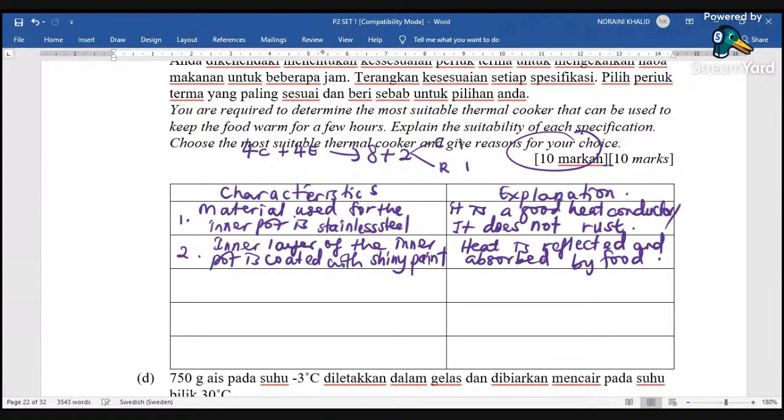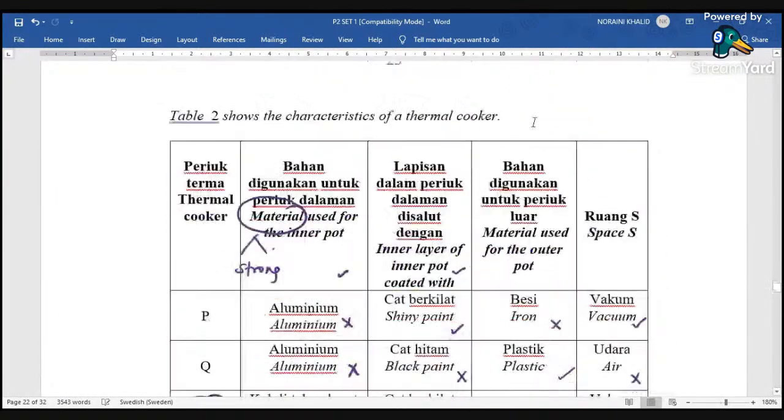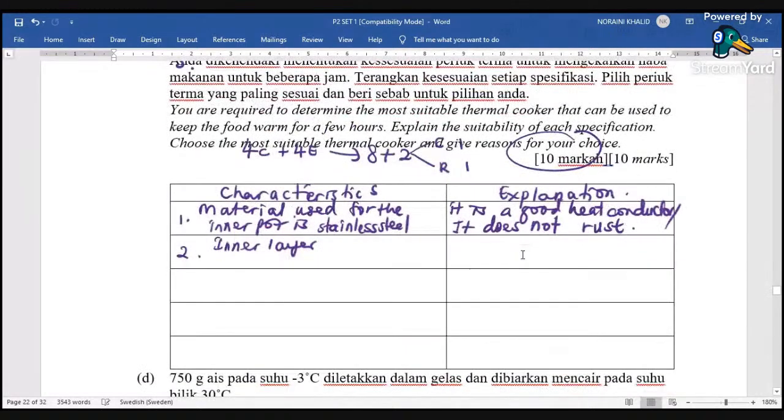Okay, the third one, material used for outer pot. The outer pot is plastic. Okay, your answer is, oh, this one is missing maybe.